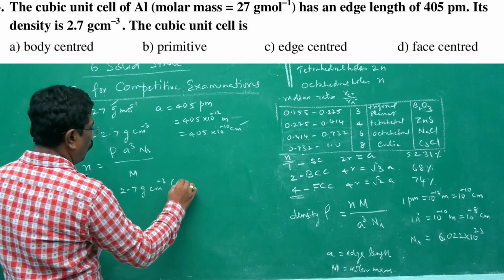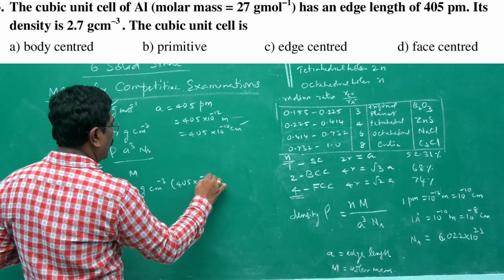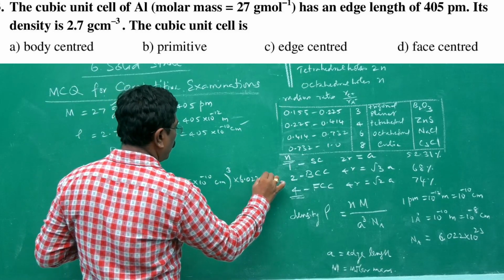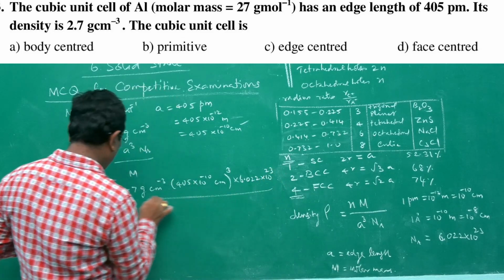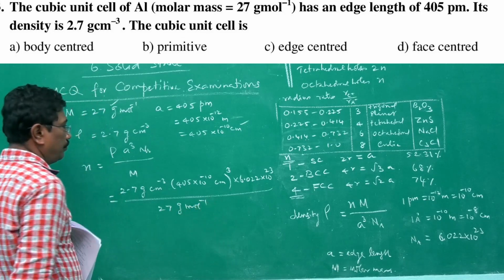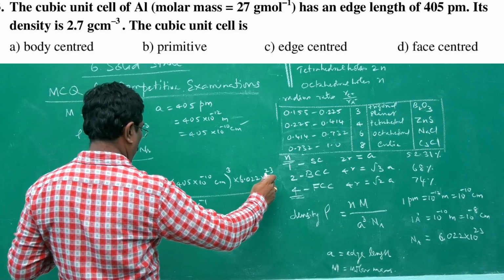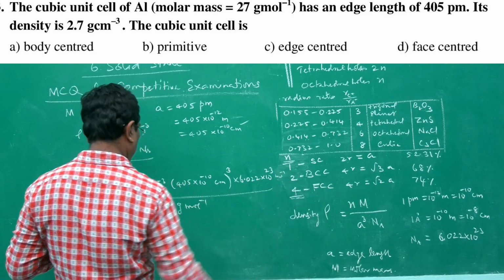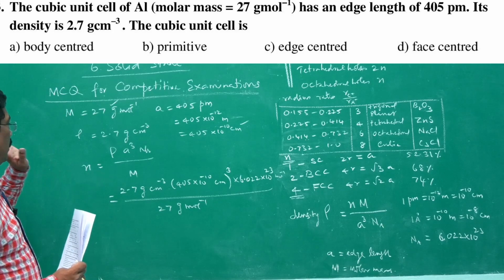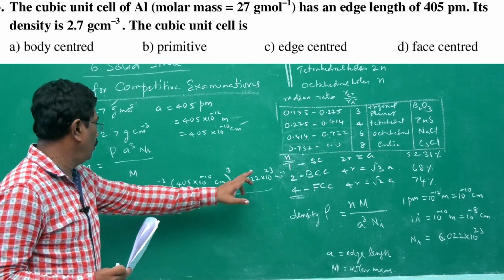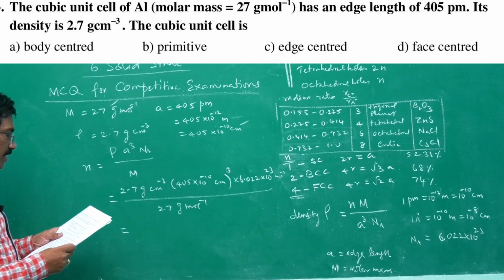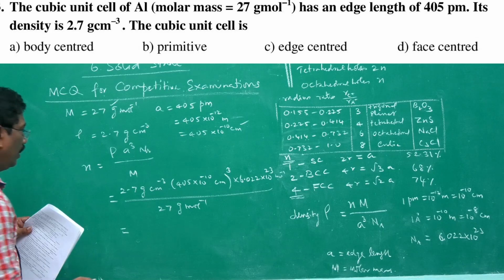The value of a is 405 into 10 power minus 10 centimeter whole cube. Na, Avogadro number 6.022 into 10 power 23 per mole, divided by molar mass 27 gram per mole. Everything will get cancelled: gram, gram, mole, mole, and centimeter cube, centimeter cube. The answer we are getting is 4. n is found to be 4.